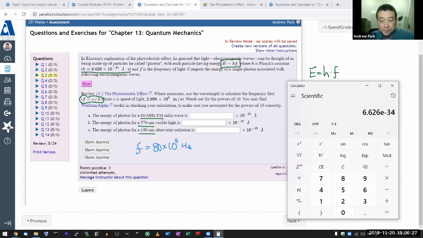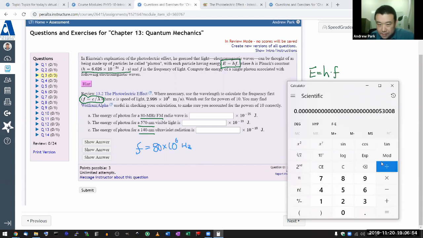So this is Planck's constant in SI units, joule times second, times this number here, 80 times 10 to the 6 hertz. Hertz is 1 over second, so that 1 over second will cancel out the unit of second here, giving me the unit of joule. So equals, gets me that.